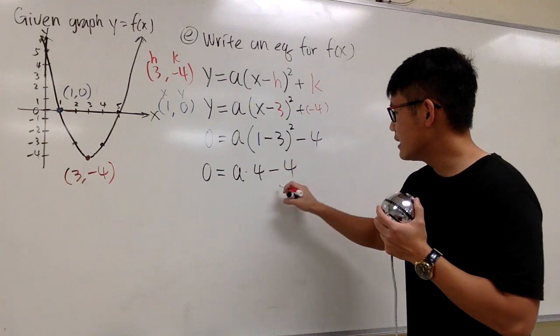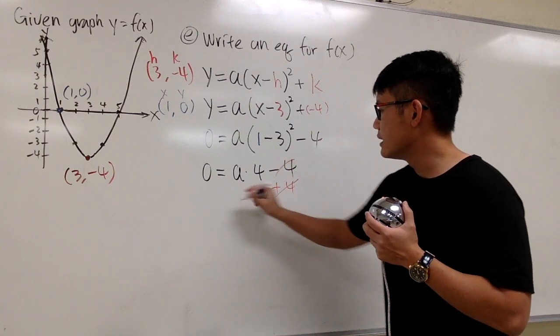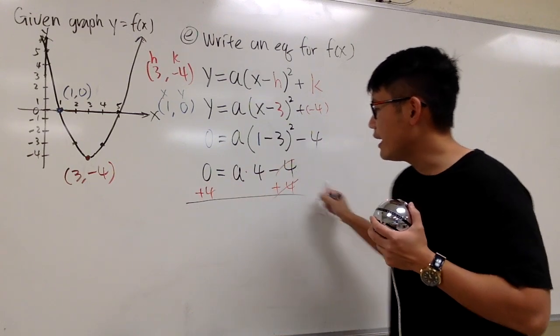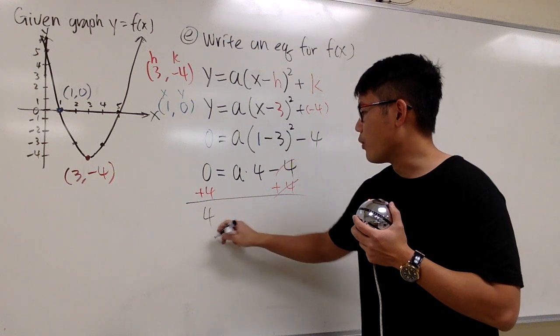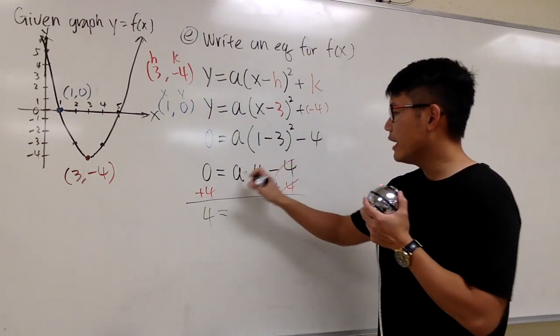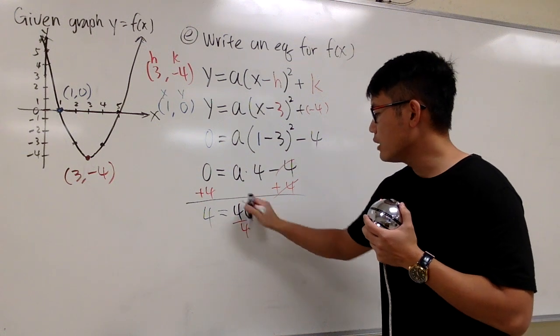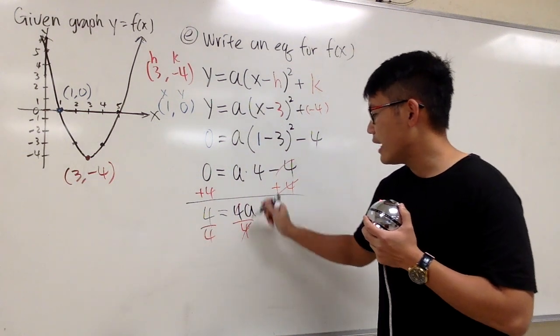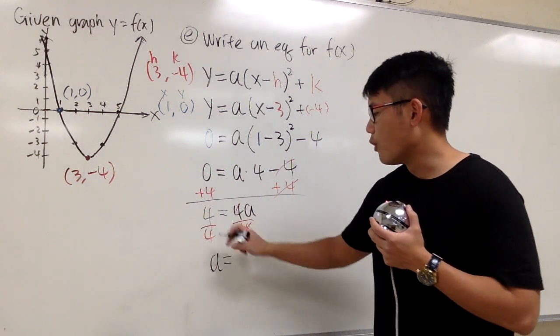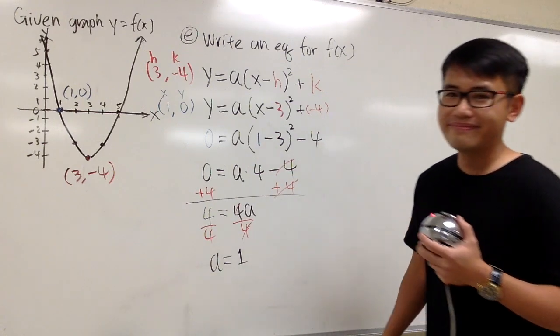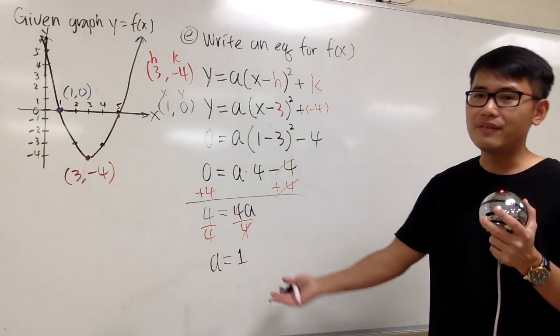And now I can just add this 4 on both sides. I'm just trying to solve for a. 0 plus 4 is 4, and this is equal to a times 4. It's the same as saying 4a. And I can just divide both sides by 4, so that we will get a is equal to 4 over 4, which is just 1. And there we have it. We have the a value.